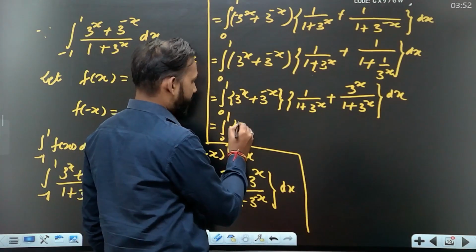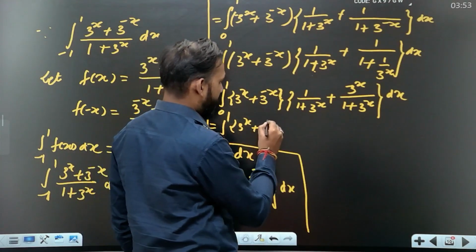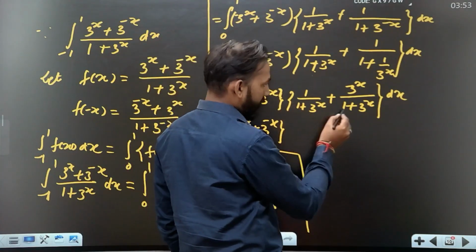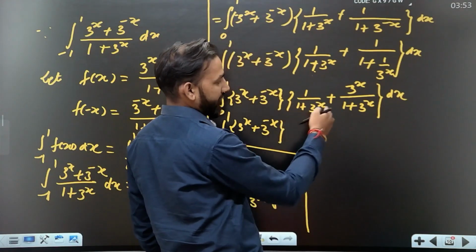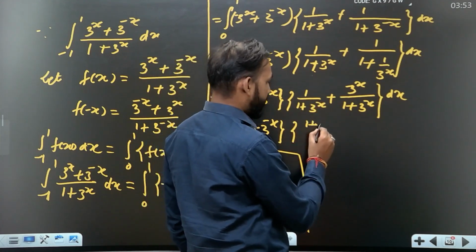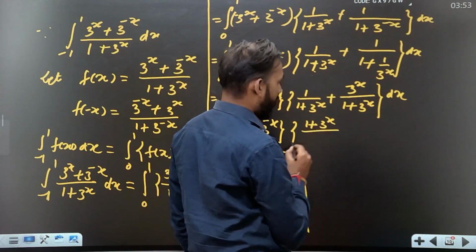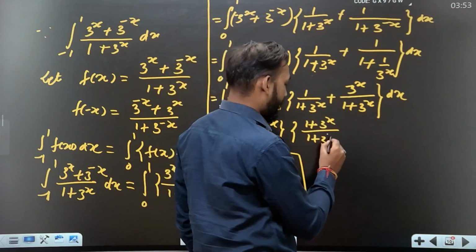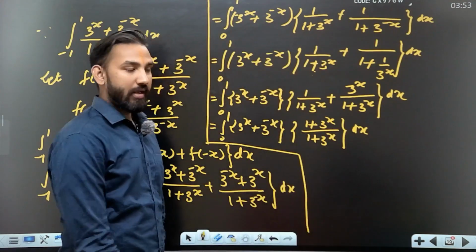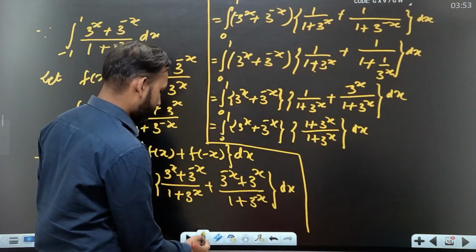Now 3 to the power x and plus 3 to the power minus x as it is, and if we take LCM 1 plus 3 to the power x, then we get in the numerator 3 to the power x over 1 plus 3 to the power x dx. Now this will cancel out.